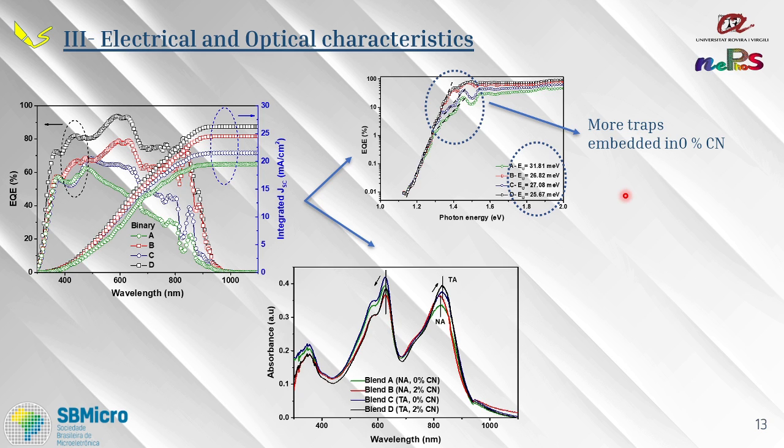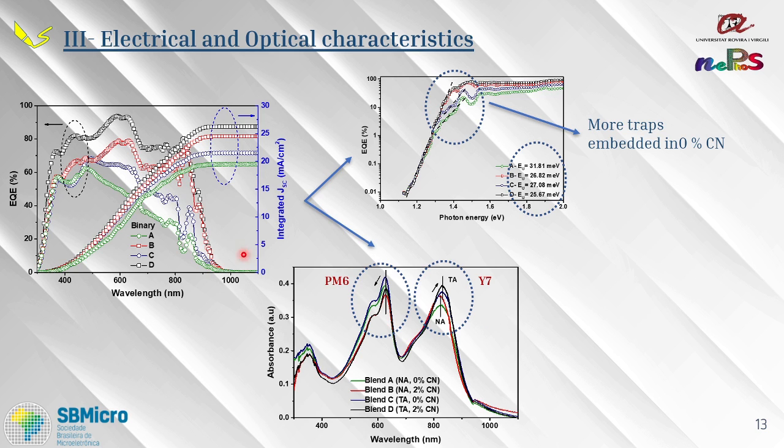Further, the UV-visible absorption spectra were characterized. We can see that, regarding PM6 and Y7, for the thermal annealing treatment, devices C and D, the thermally annealed devices show higher absorption, while for the 2% chloronaphthalene additive we see a different effect.